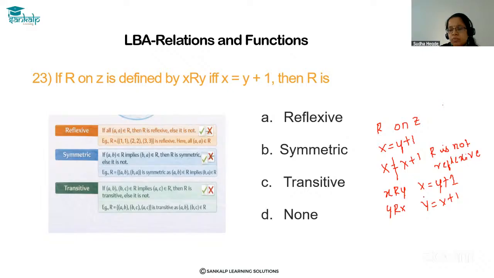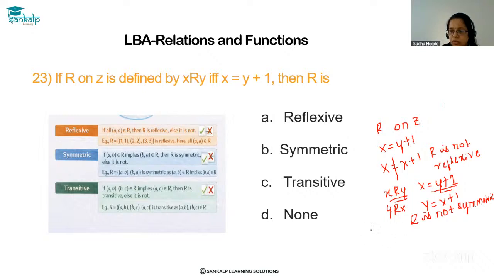Both conditions, is it possible? It is given that x is 1 more than y. Is it possible to have y is 1 more than x? It's not possible. Therefore, R is not symmetric.